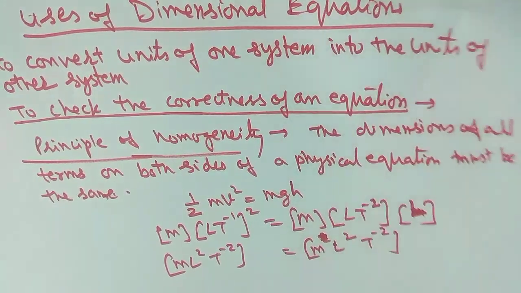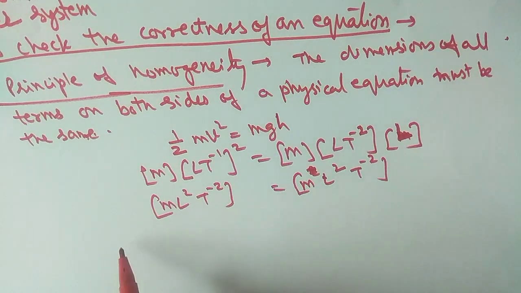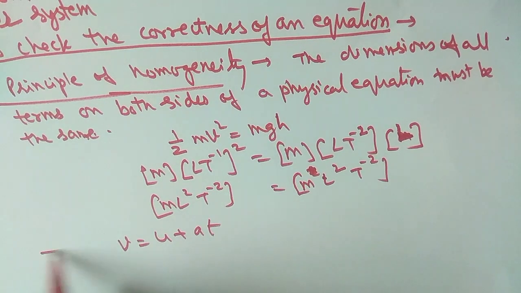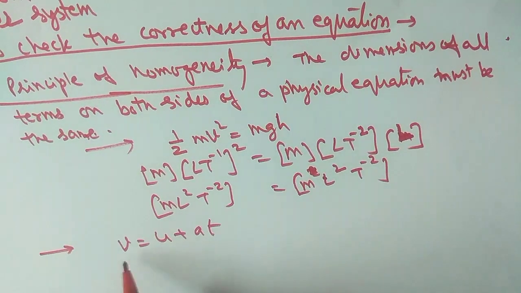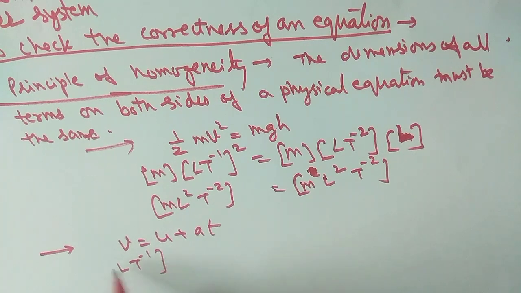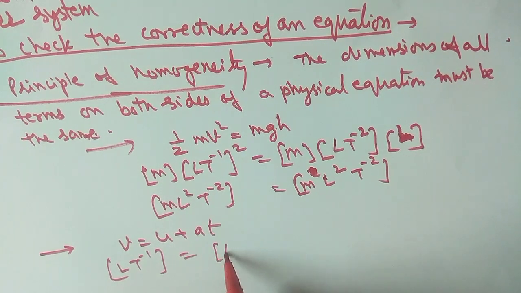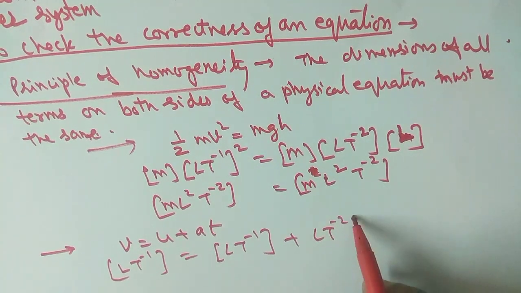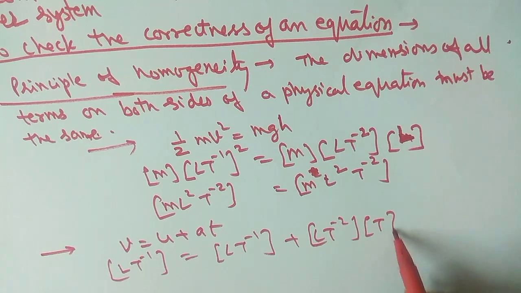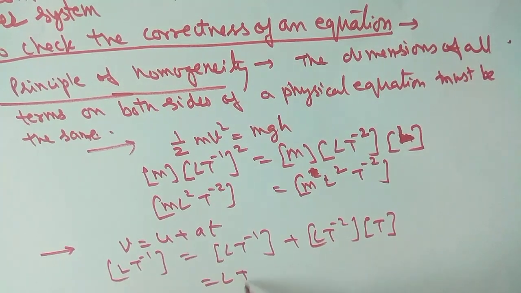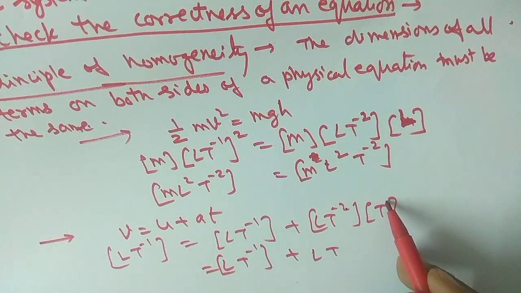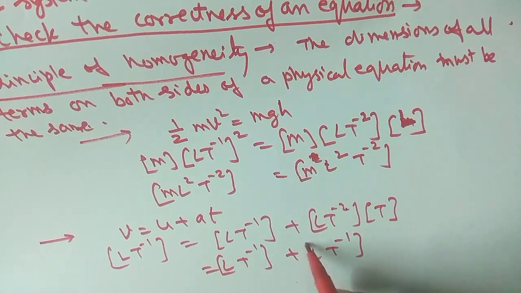We can take one more example. Suppose v is equal to u plus at. See the second example. It was the first example. So v is LT minus 1, initial velocity u is again LT minus 1, and a means acceleration, so LT minus 2, and time T. So it is LT minus 1 plus LT minus 2 times T, which is T to the power plus 1, so it is LT minus 1.